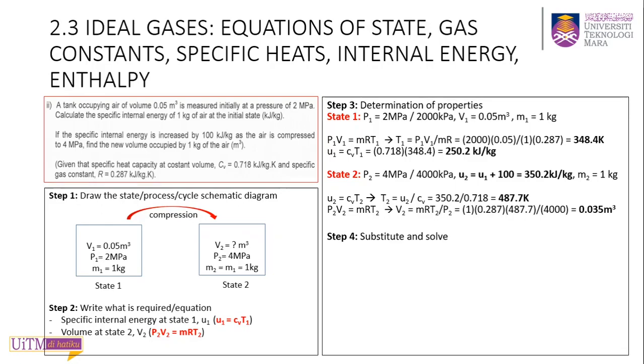Now, by using this value, we can calculate T2, which we can then substitute into the ideal gas equation, PV = mRT, and solve for V2. For step 4, since we have already solved the question, step 4 is not required.